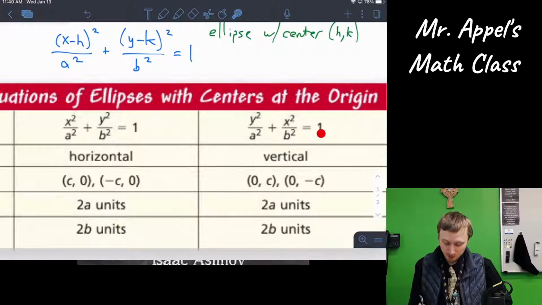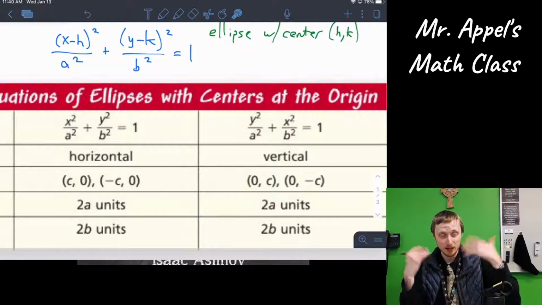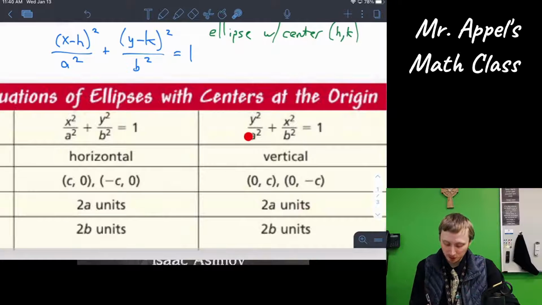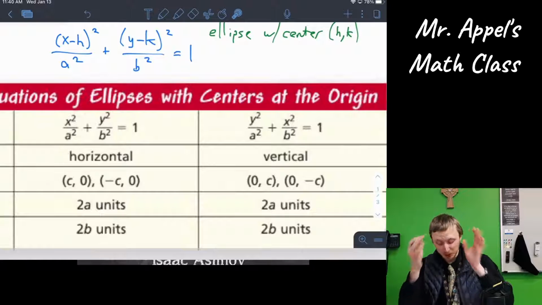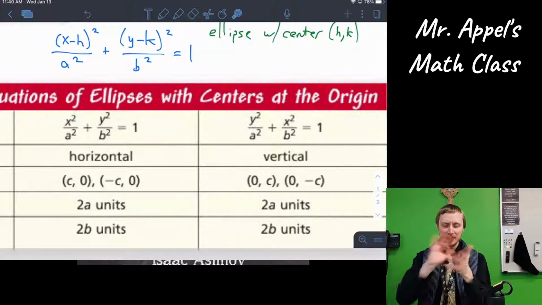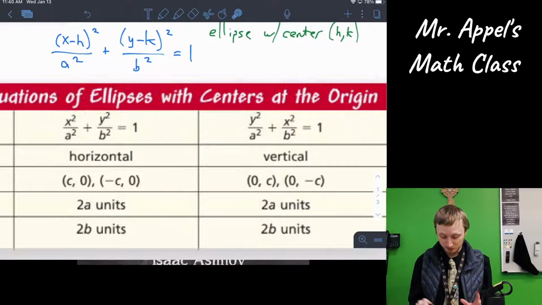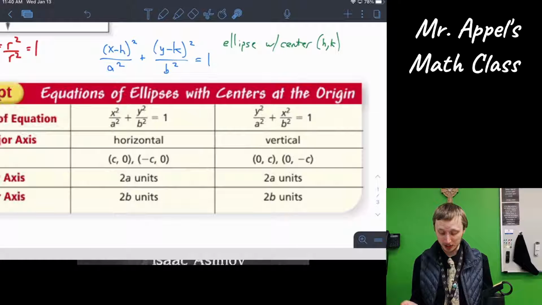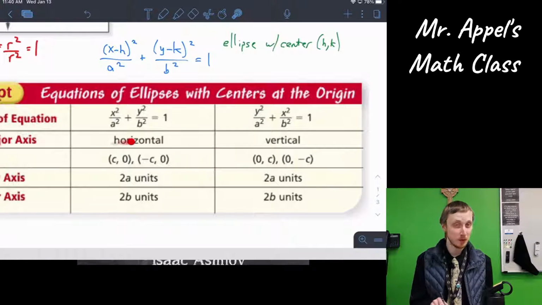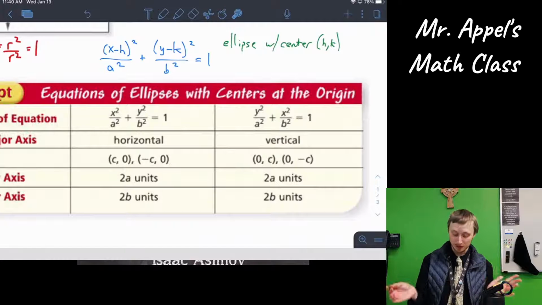So notice for the vertical ellipse, A stays here, and it's now underneath the Y. If you're given an equation that already has the numbers, whichever one is bigger, you call that one A, and call the other one B. It's probably the most confusing part of this, switching A's and B's. I wish we had a better convention for it, but there's no other. Somewhere we're going to have to account for the possibility that one could be horizontal, one could be vertical. This is the convention we've got.